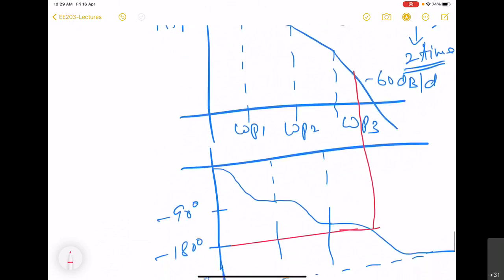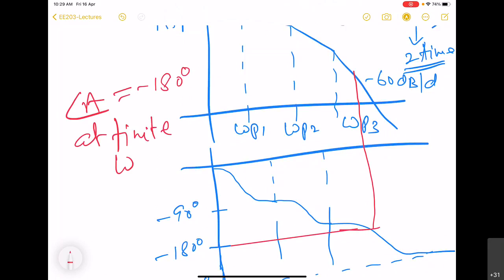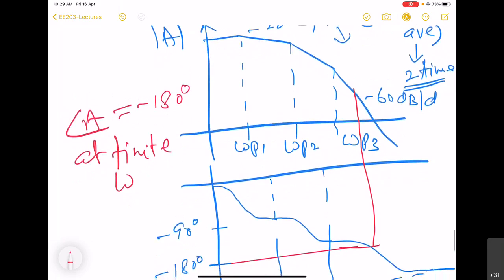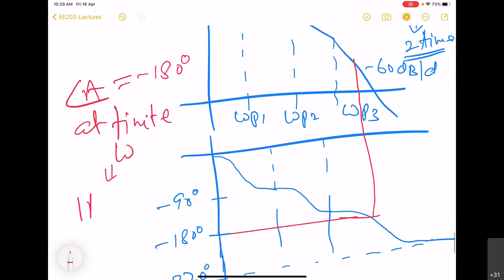So here we see that phase of A might become 180 degrees at finite omega. Not only that, here we see that at this frequency, the magnitude is greater than 1.